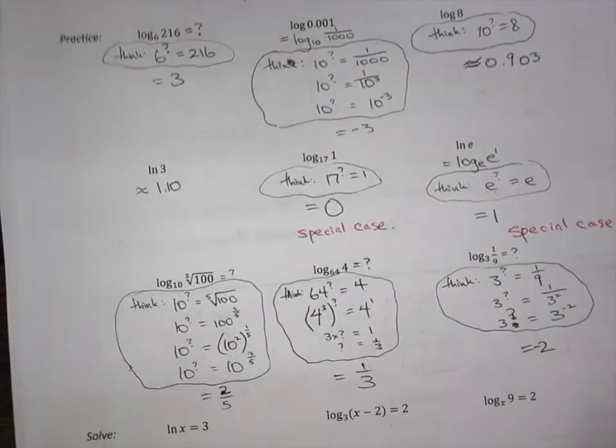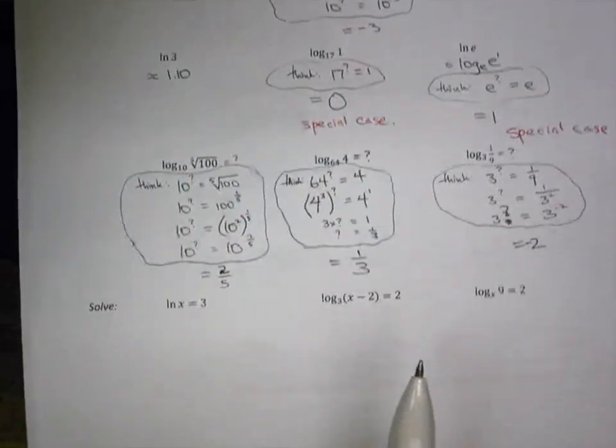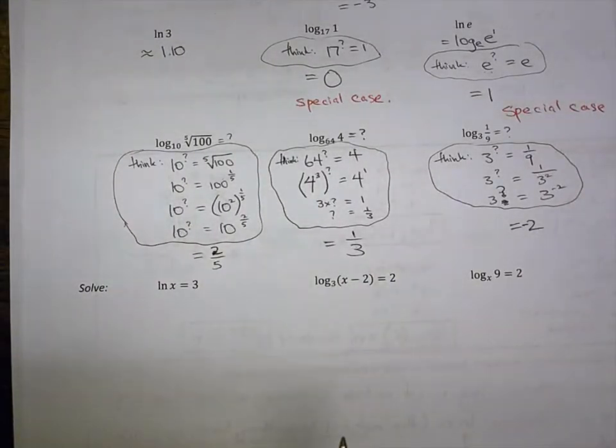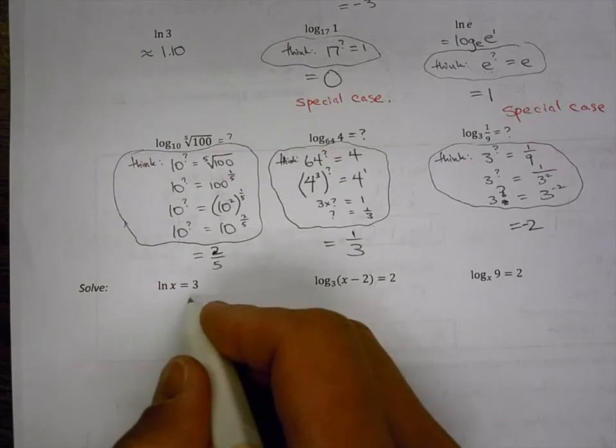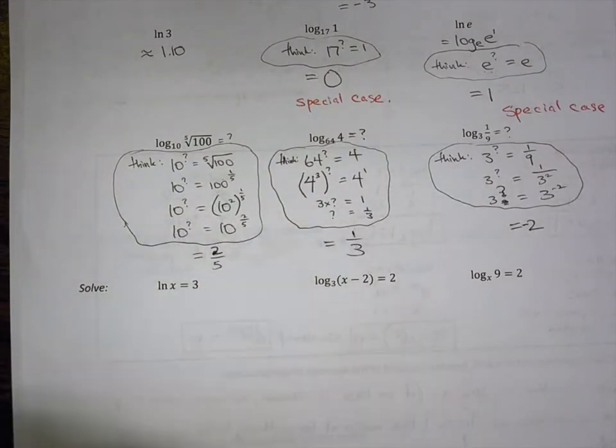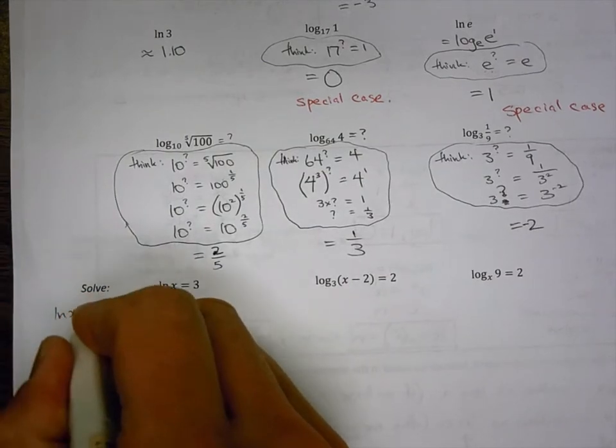Okay, finally let's try solving some log expressions, and we'll do a lot more of these later in the chapter, but let's just get started. I want you to get used to looking at this and not panicking, because it's a lot of new notation. And there's a real tendency, what I hate to see, is when students say, oh, well, ln x equals 3.